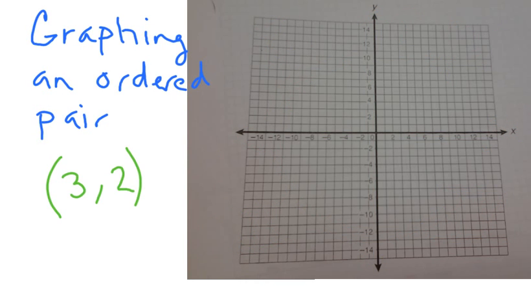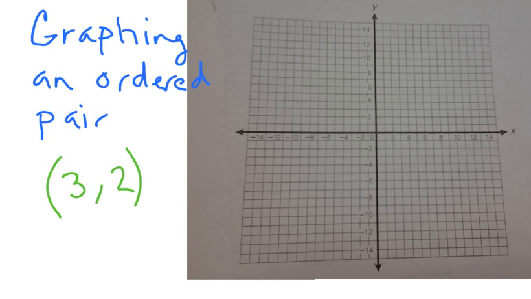Okay, to graph an ordered pair on a coordinate plane, you always start at the origin. The place where the two axes cross right there is called the origin. It's the origin where the two axes cross. That's our starting point. Every time we go to graph, we start there.